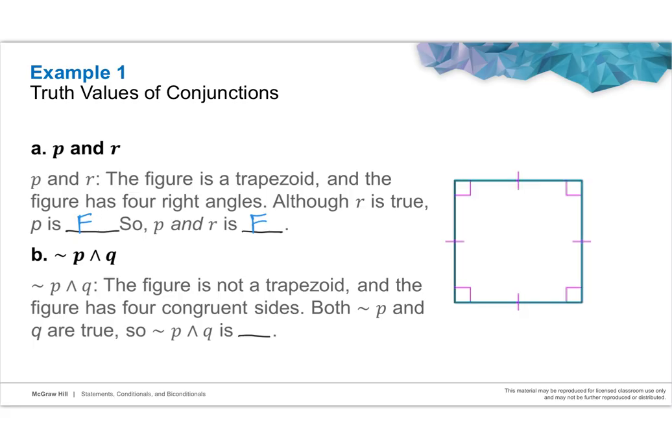So not a trapezoid, that is definitely true about this figure over here, and has four congruent sides we can see from our tick marks surrounding that figure. Since both of those pieces of the statement are true, then not P and Q is true.